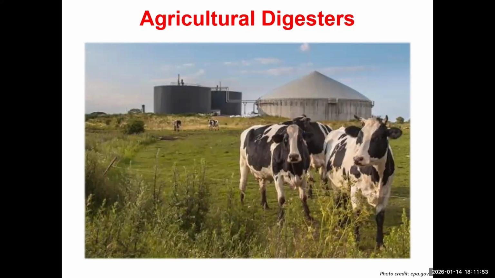These agricultural digesters often use manures such as dairy, poultry, and swine, as well as crop residues, as their digestion feedstocks. I do want to point out that I spent my graduate studies at the University of Maryland College Park, and I conducted digestion research at a USDA dairy farm. So I am most familiar with the dairy manure-based anaerobic digesters.